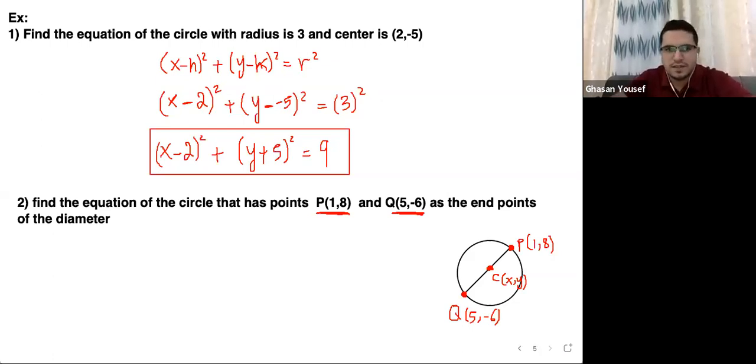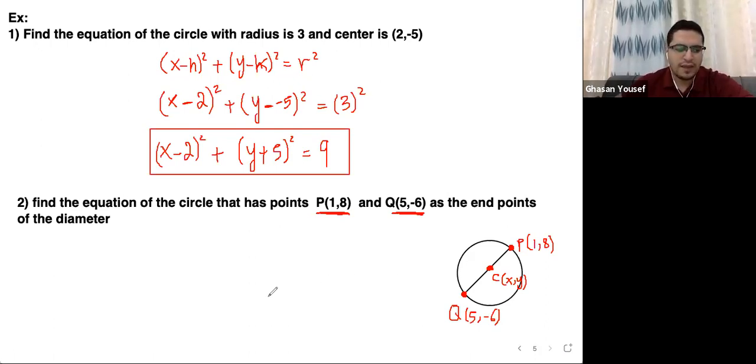Again, this is my circle. The circle has a diameter passing through the center point. The center point is C x comma y. The end points are P and Q. The question is to find the equation of the circle.